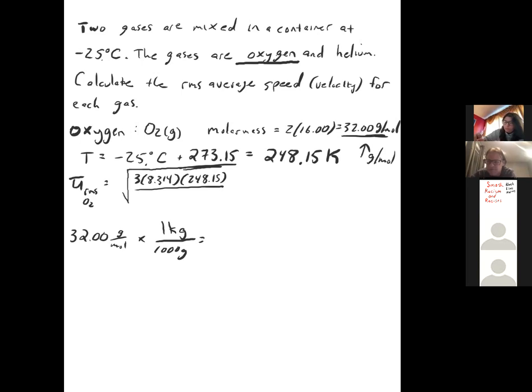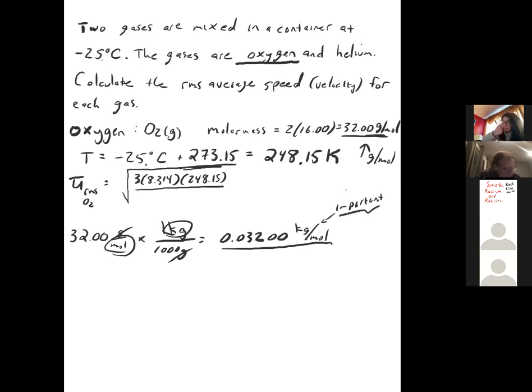So, you know, sometimes people will do that as well, but not very often. So that's going to give us 0.03200, grams cancel, kilograms per mole. Okay, so there's our molar mass in kilograms per mole. This is important here. Got to have it done that way.